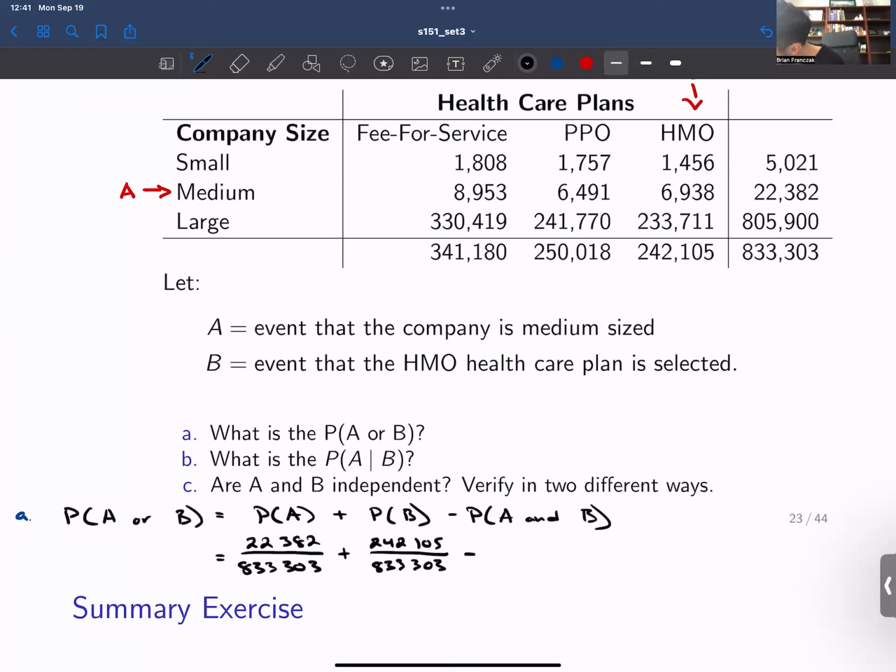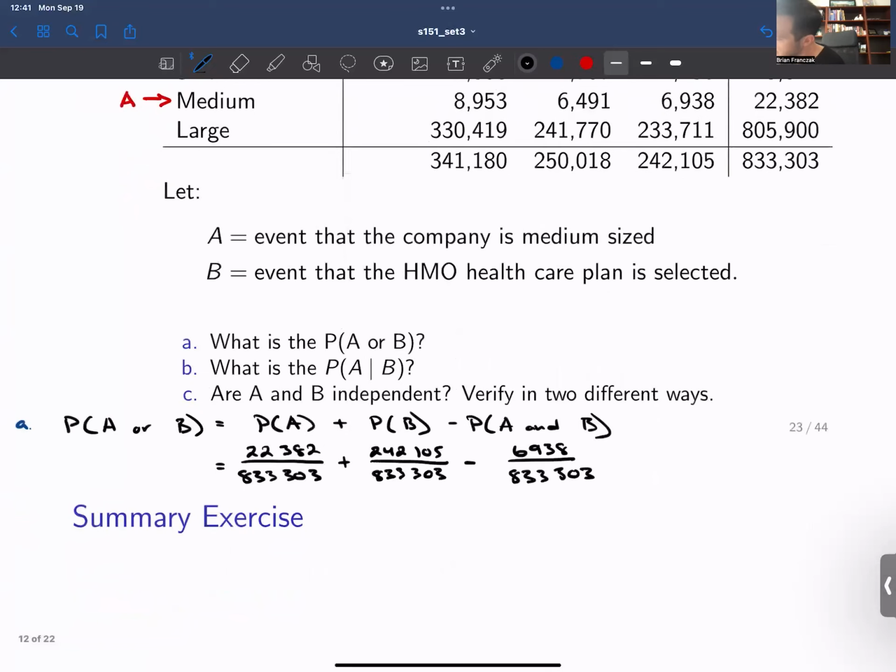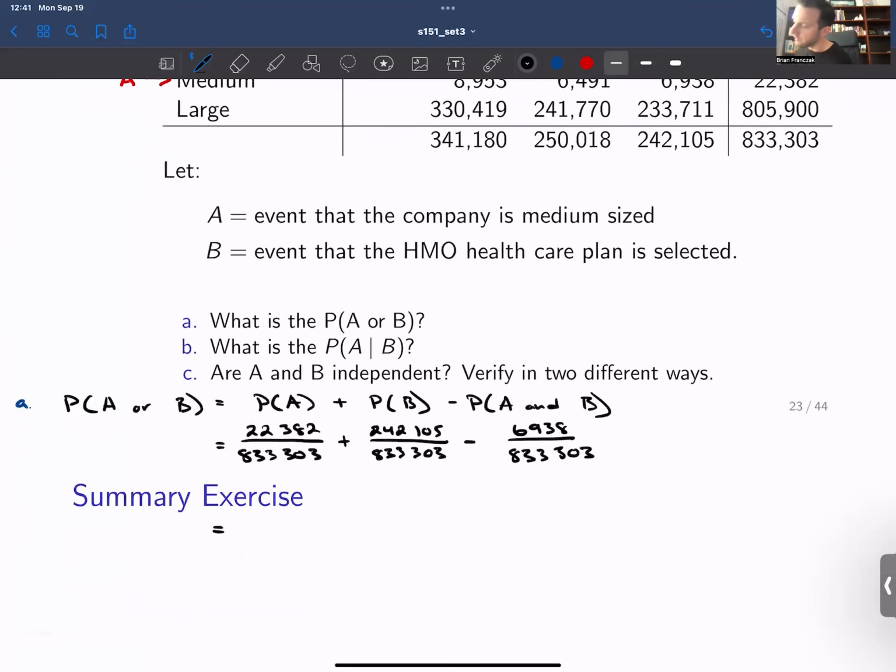So this is going to be the intersection between those 2 events, which is 6,938 divided by 833,303.